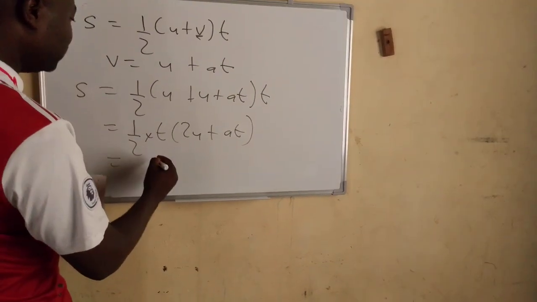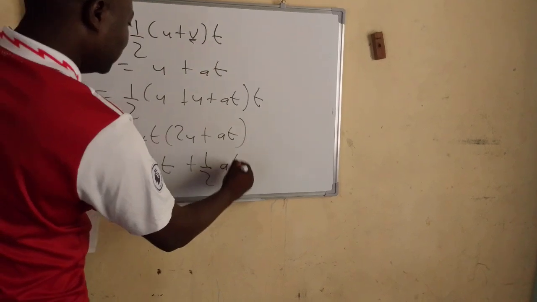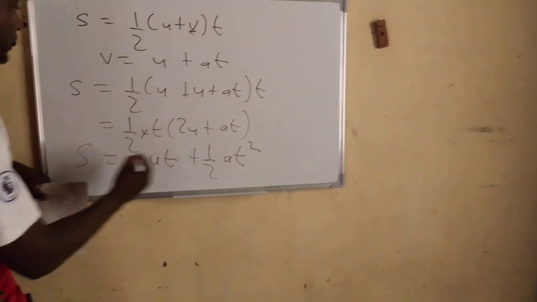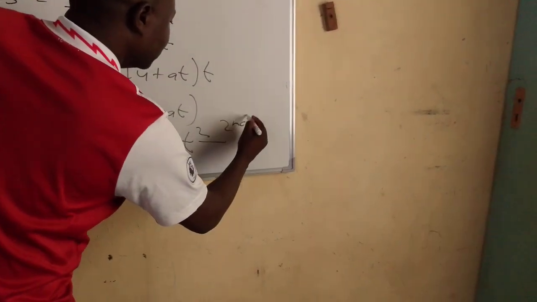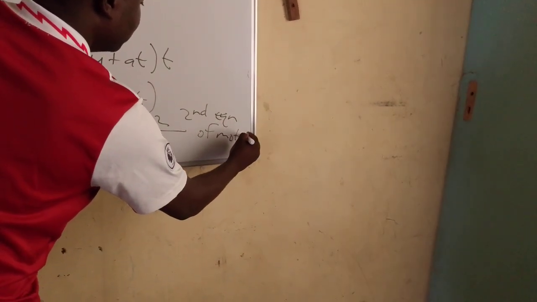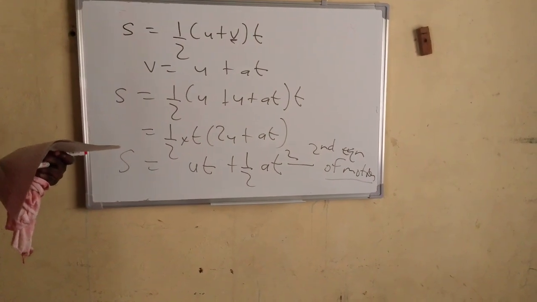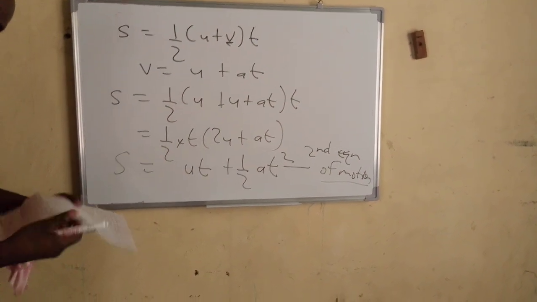This simplifies to ut plus half at squared. So this is the second equation of motion, and we've just derived it.